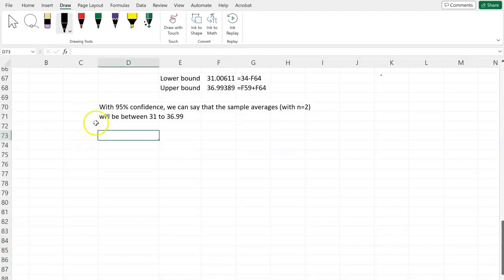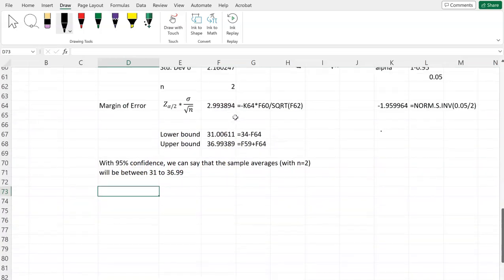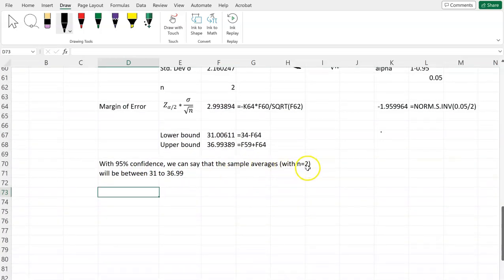This means that with 95% confidence, if I have samples with sample size n equals 2, then 95% of the time the sample averages will be between 31 and 36.99. Which is kind of nice to say.